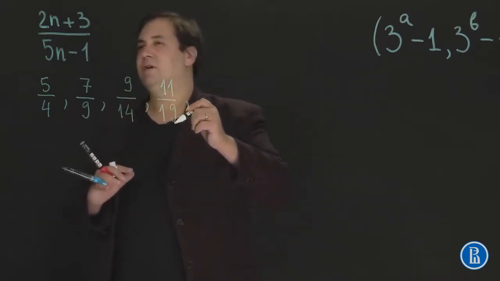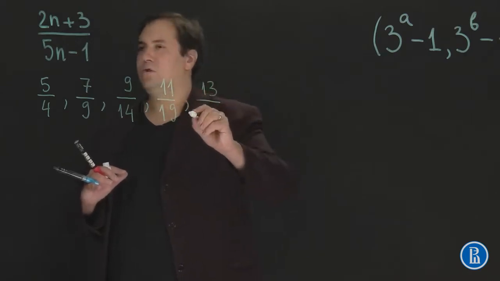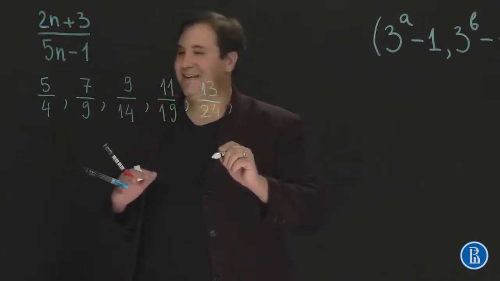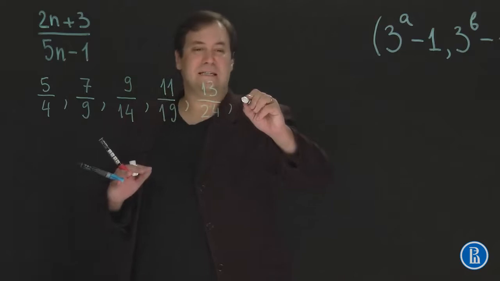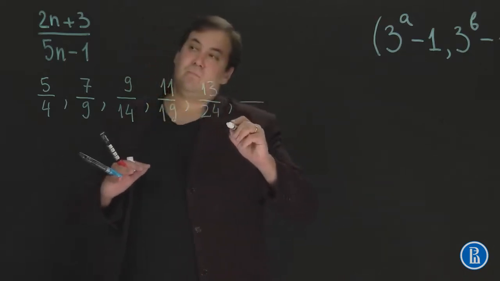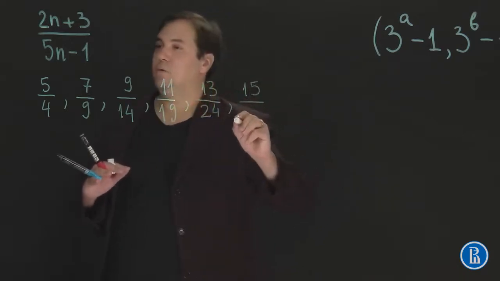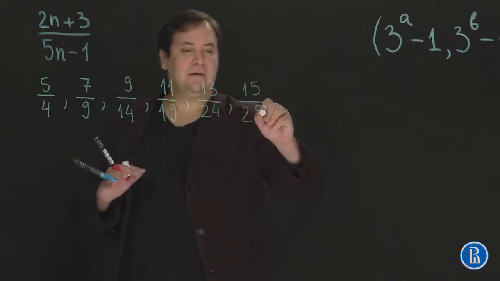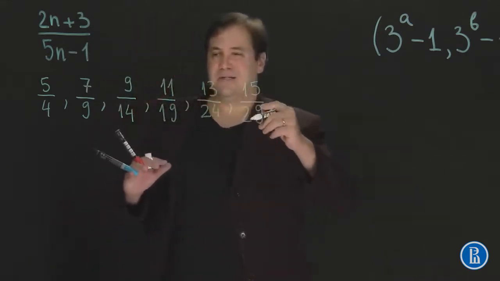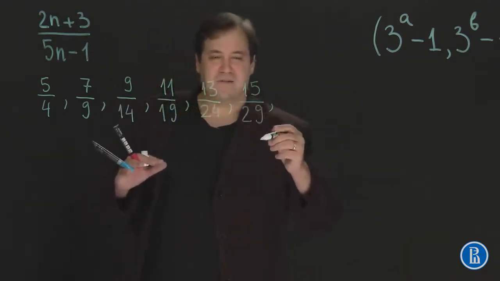If n is equal to 5, then it is 13 over 24, and if n is equal to 6, then the fraction will be equal to 15 over 29. Well, the numerator increases by 2 every time, and the denominator increases by 5.